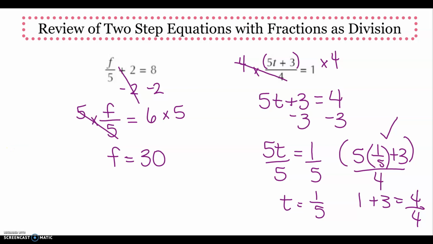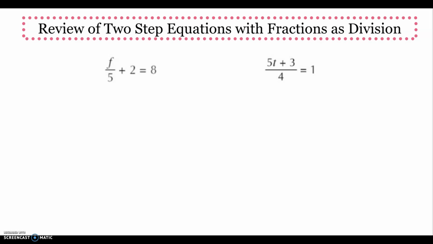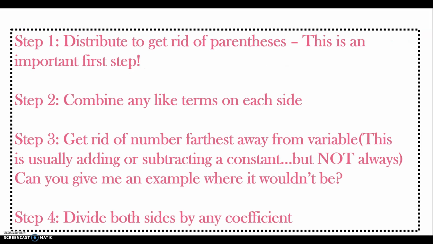Okay, let's look at our steps for solving multi-step equations. Looking at step 1, our very first step is going to be to distribute to get rid of parentheses. So this is all about the distributive property. We want to get rid of those parentheses first. Second, we want to combine any like terms.